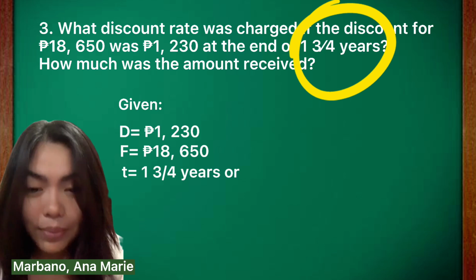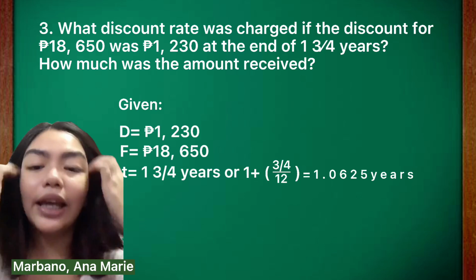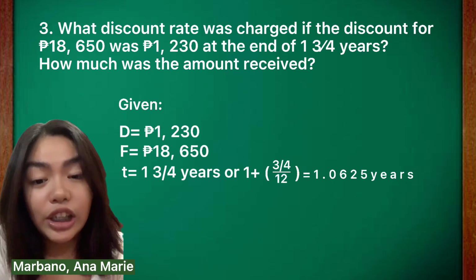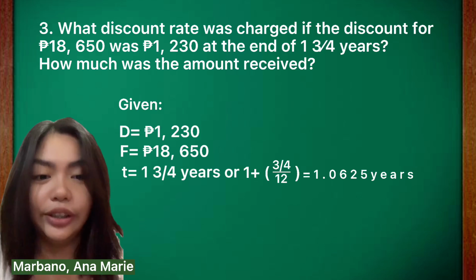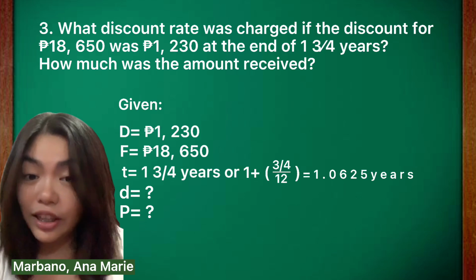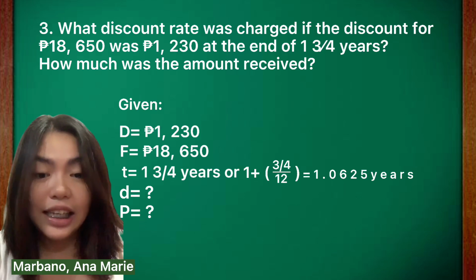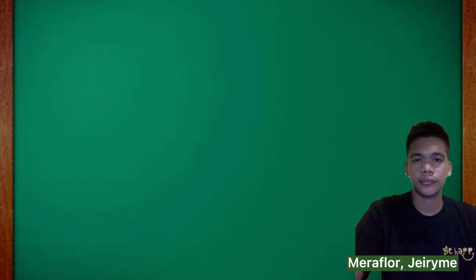So probably we're going to divide the 1 3/4 years over 12, since there are 12 months in 1 year. We will be using the formula D over F times T.